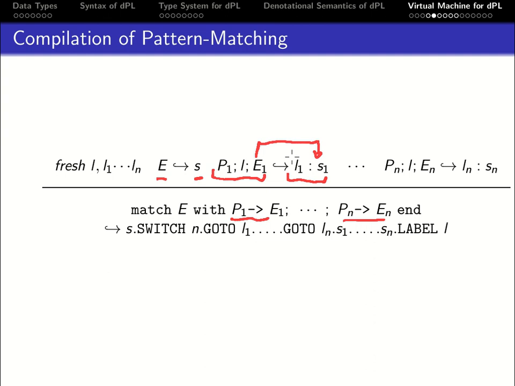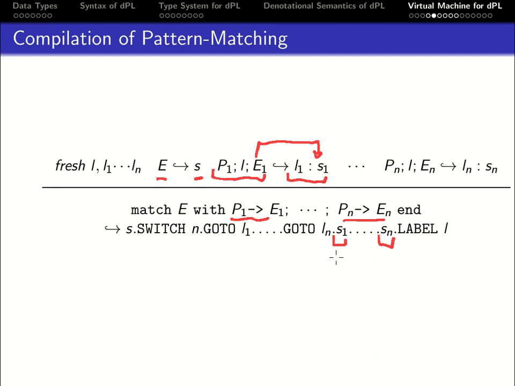And then, as part of this translation, there is a label L1 here, and I took a shortcut, and inside here I haven't shown the label, but think of the label as being prepended to S1 up to Sn. So L1 prepends S1, Ln prepends Sn. So we're assuming that Ei translates into Si, and each Si has a label.